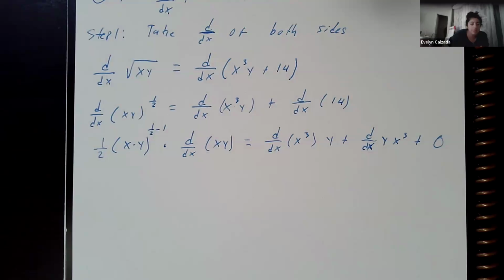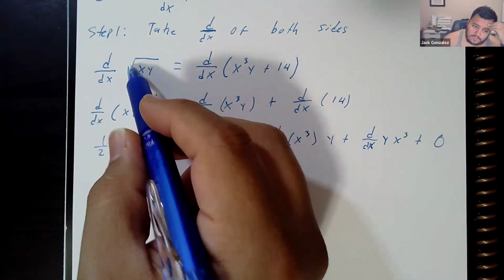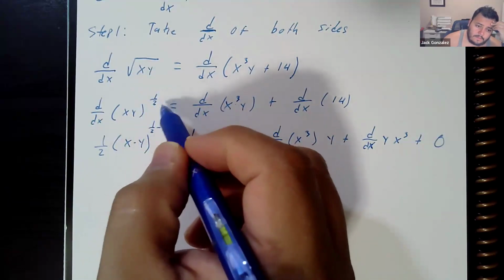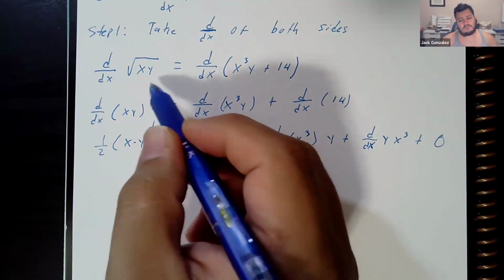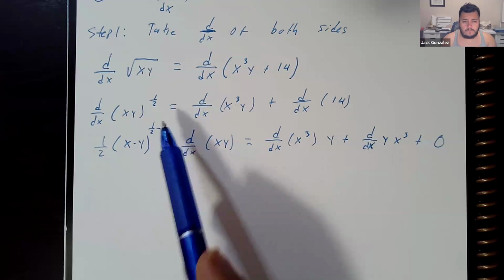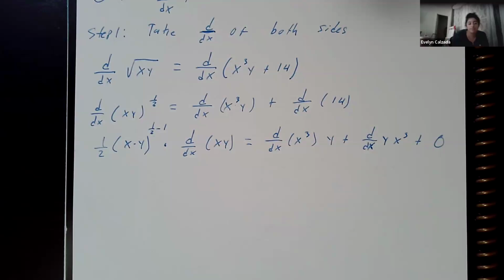I have a question. Where did that 1/2 come from? We can always change a root to a power. If it's a square root, then you can do 1/2. If it's a cube root, do 1/3. Once you change it to a power, then you can do a power rule.